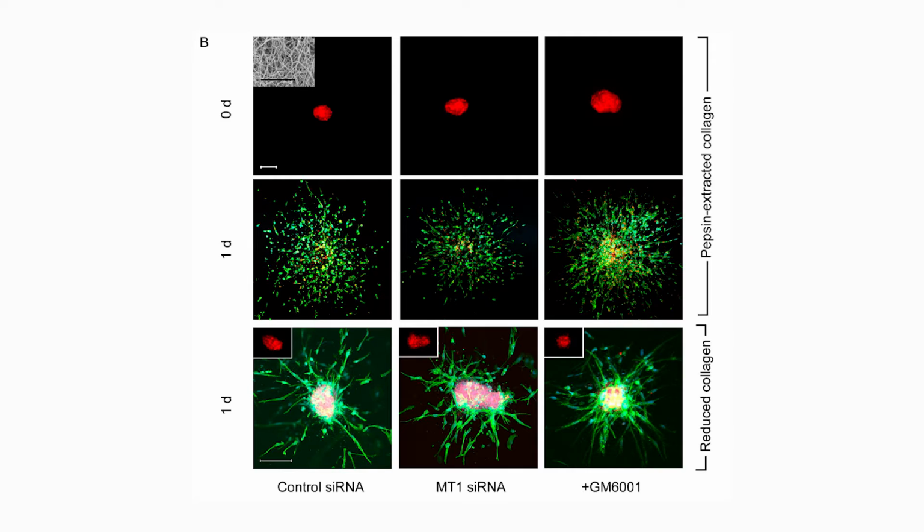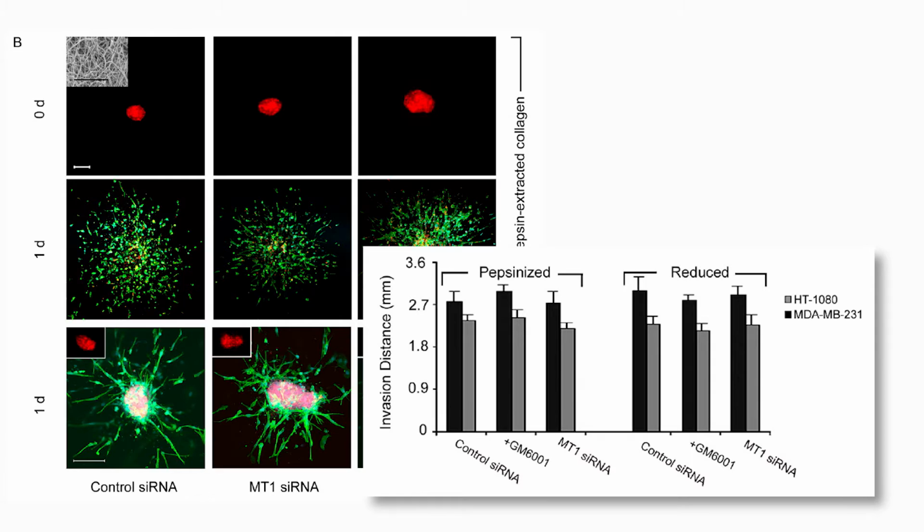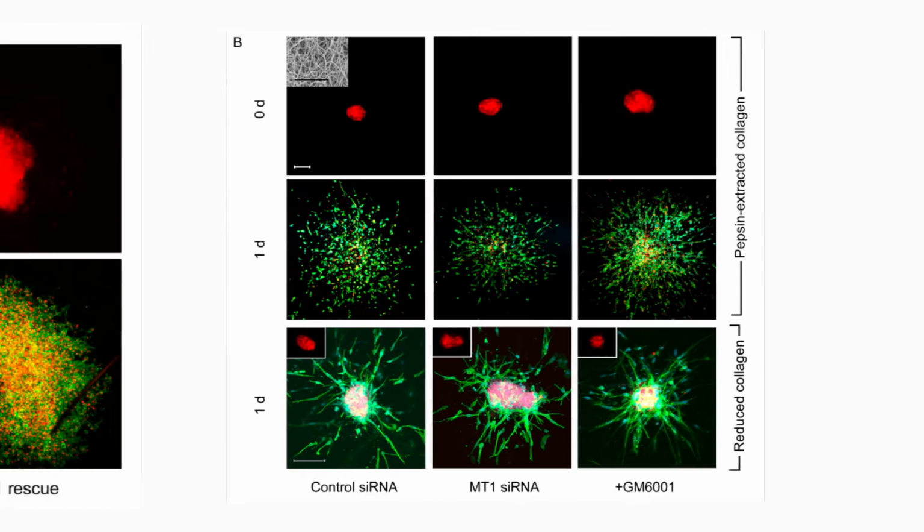So they're able to migrate through the collagen system and move through those pores that are created. And C is just looking at both cell lines, again, the fibrosarcoma as well as the triple negative breast line. And again, they're finding that there are no differences, so you're still seeing cell migration with the MT1 knockdown as well as with the general inhibitor.